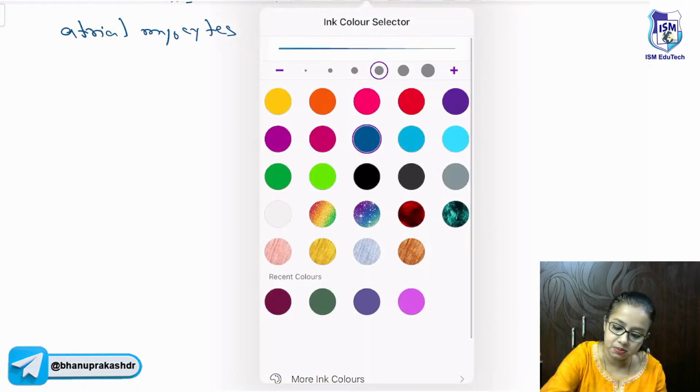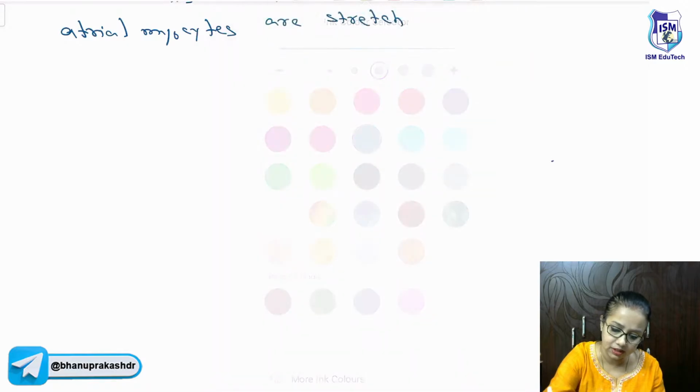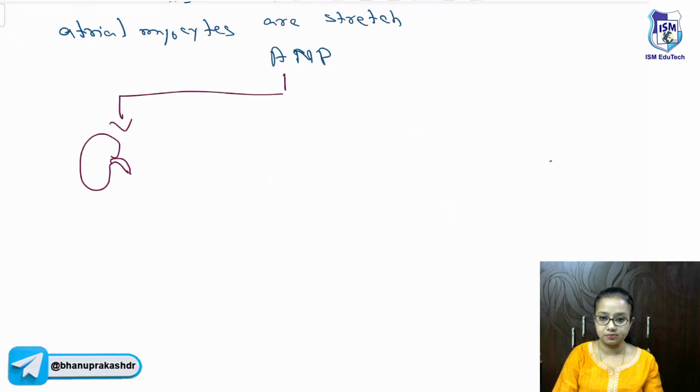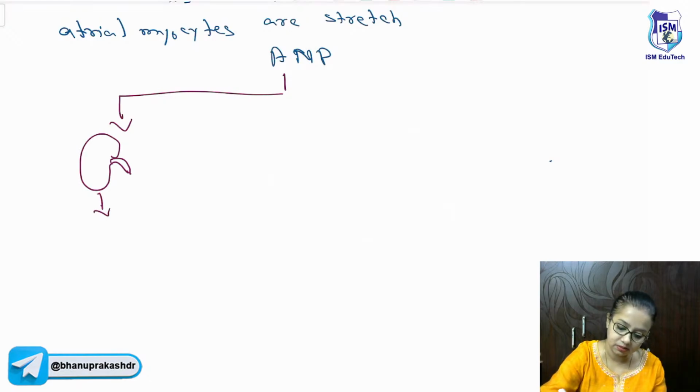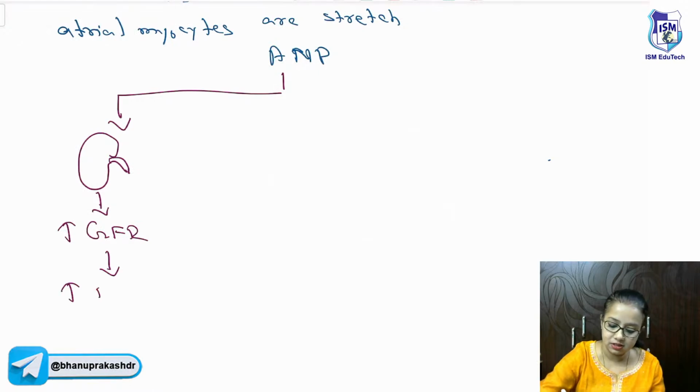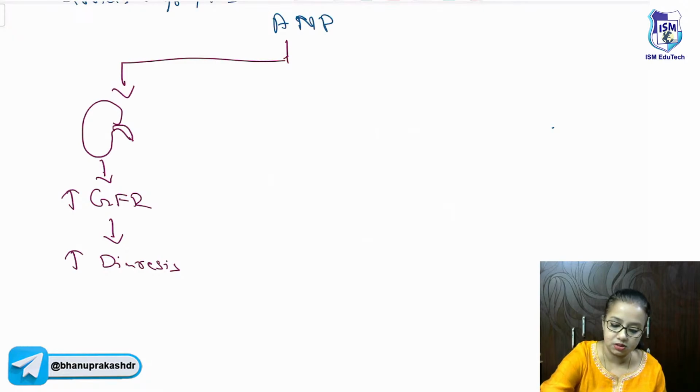Now, this ANP acts on multiple structures. First, it acts on the kidneys. It will increase the glomerular filtration rate and it will increase the diuresis. So, an extra volume of fluid is excreted out of the body.